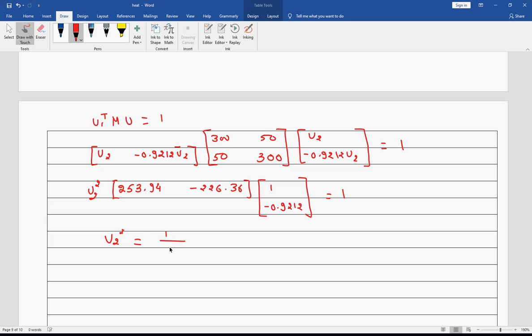So I get 1 divided by 462.46, and this will give me the value of U2 as the root of this.